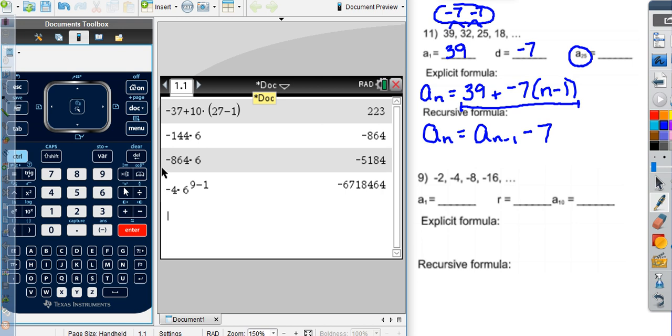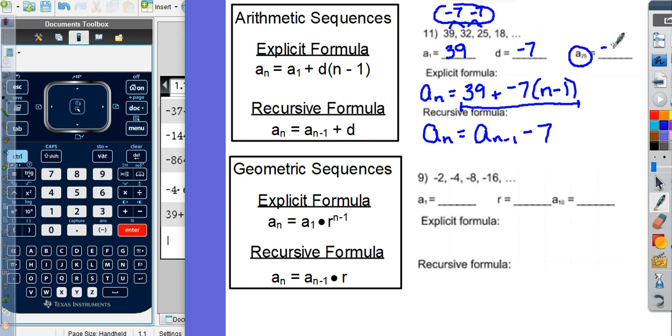So I'm going to go 39 plus negative 7 parentheses, and then I know my n is 25 minus 1. Once I plug that in, just hit enter, we got a negative 129.